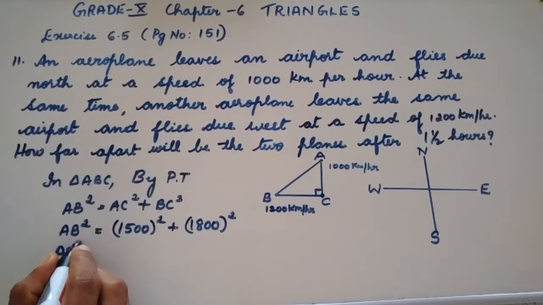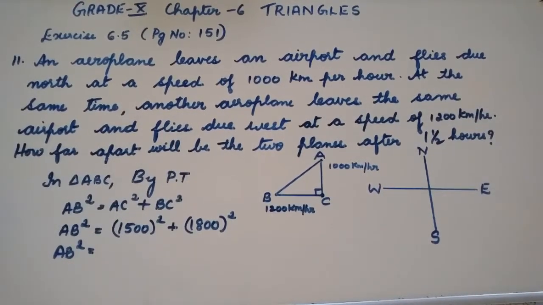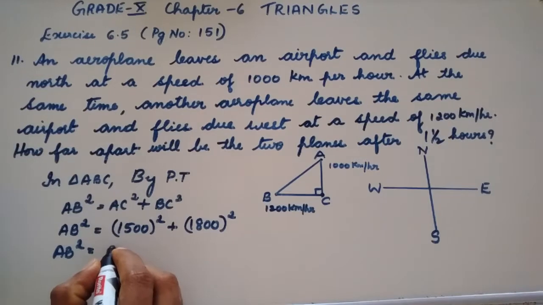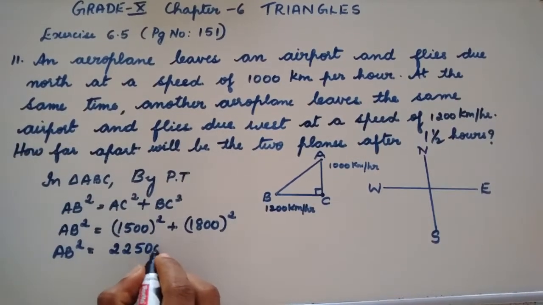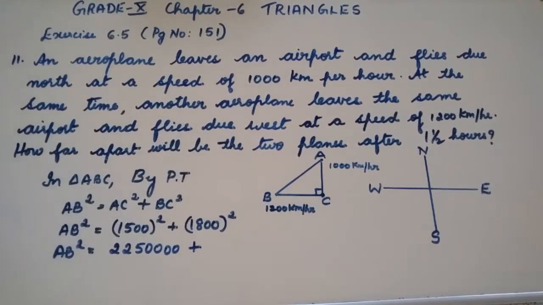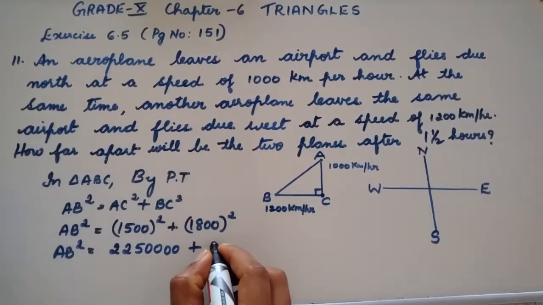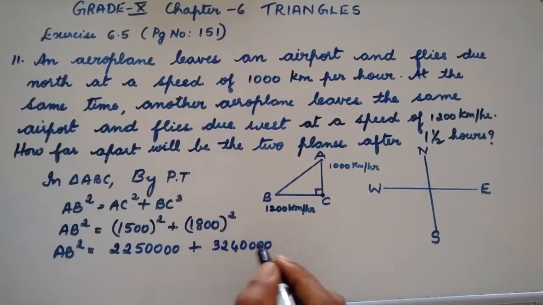So we get AB square is equal to, so 1500 square is 22,50,000 plus your 1800 square, we get 32,40,000.